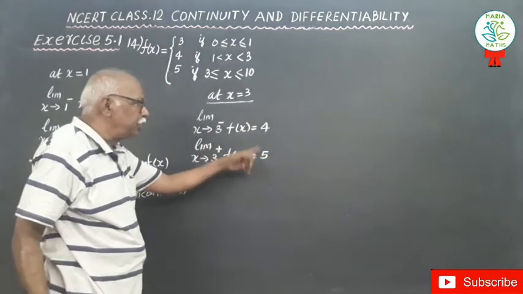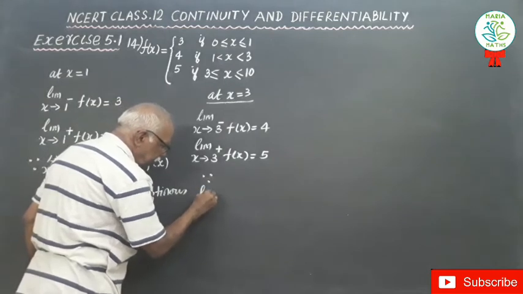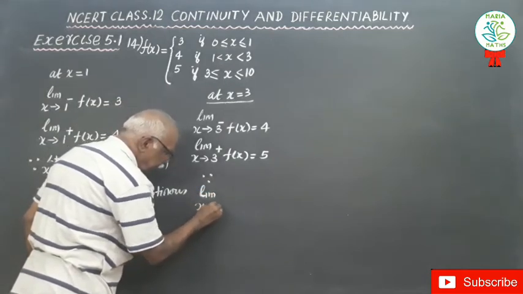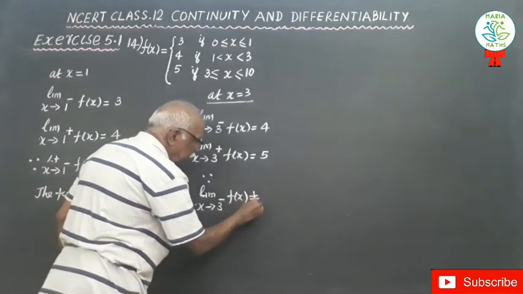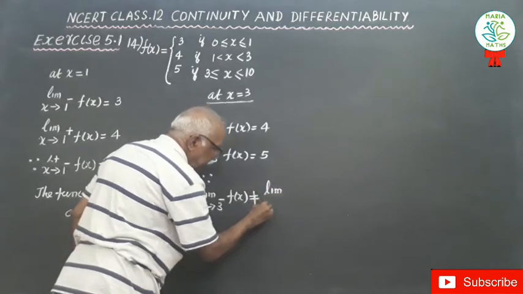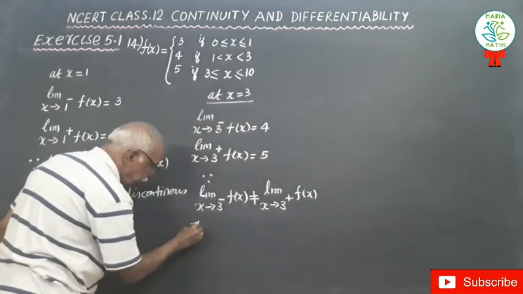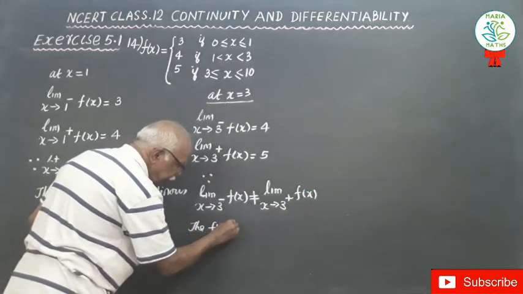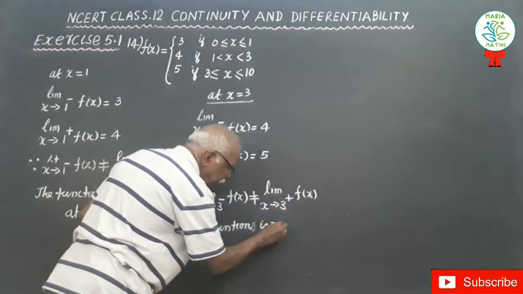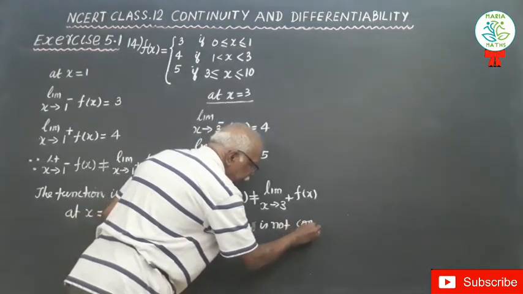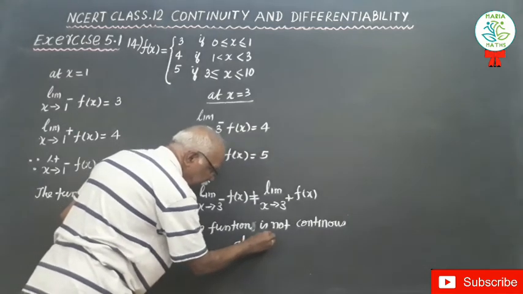So see, 4 is not equal to 5. Since limit x tends to 3 minus f of x is not equal to limit x tends to 3 plus f of x, therefore the function is not continuous at x is equal to 3.